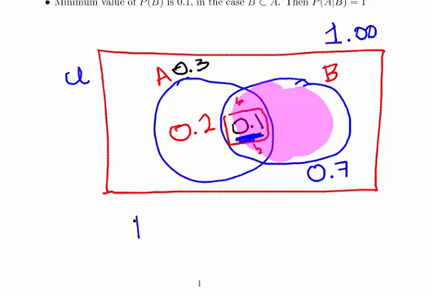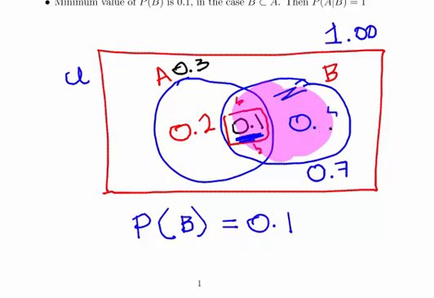So in this scenario, the probability of B equals 0.1, which is to say the area here is 0. This would be the minimum.